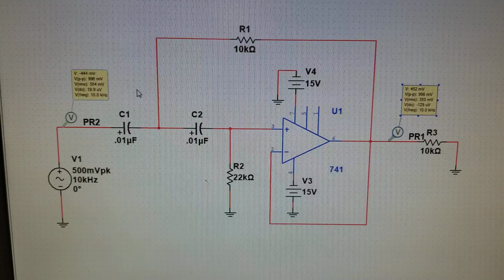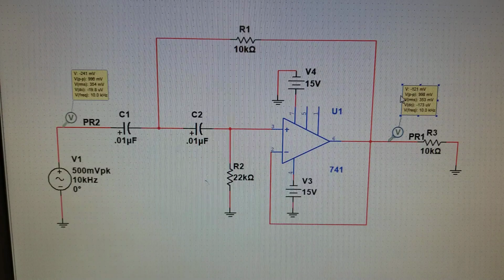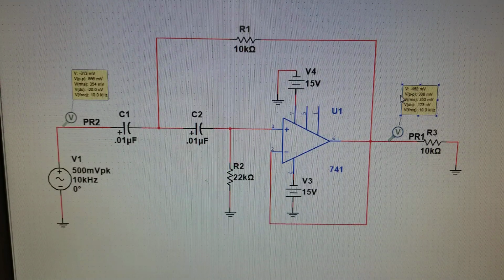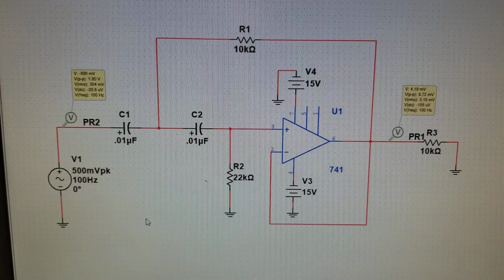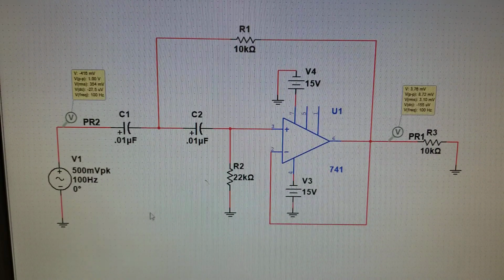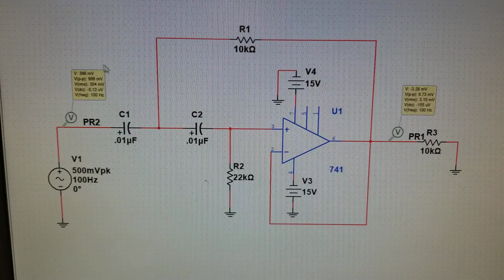So for the 10 kilohertz row, which is the bottom row of table 3, we have an input voltage of 1 volt and an output voltage of 1 volt. Make sure you fill out your voltage gain and your decibel gain. So looking at our top row, we have an input frequency of 100 hertz, input voltage at 1 volt, and an output voltage of, we'll call that 8.73 millivolts.